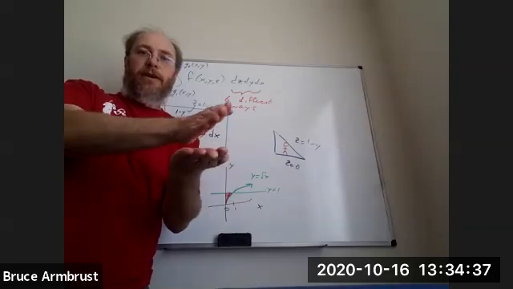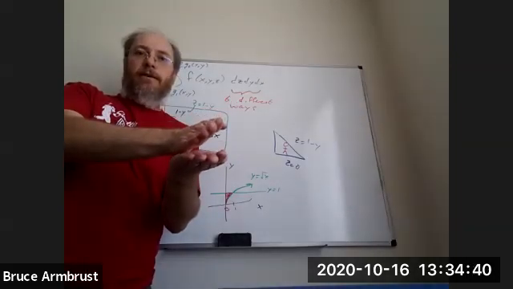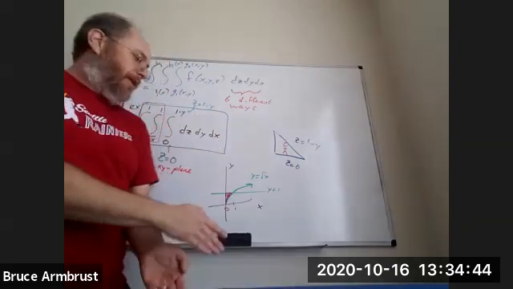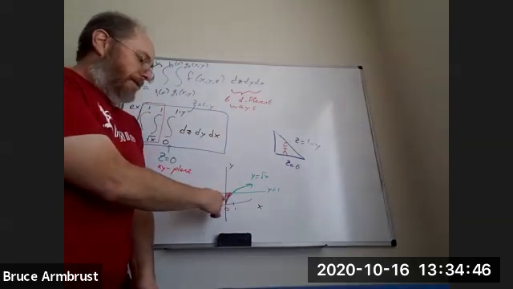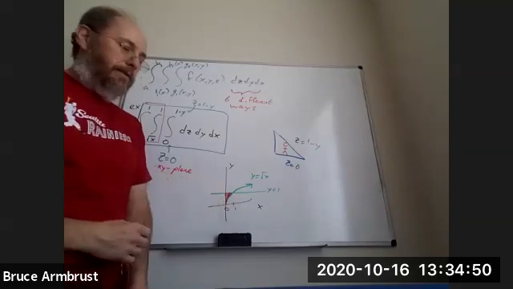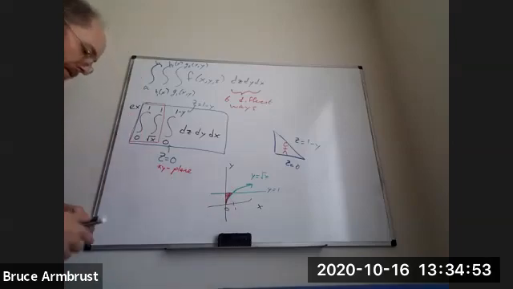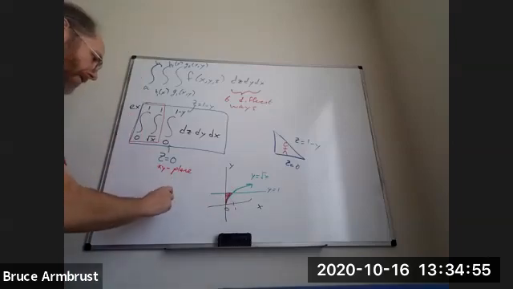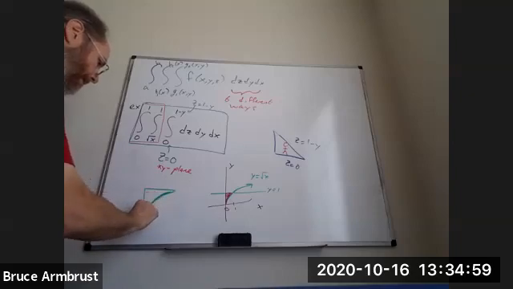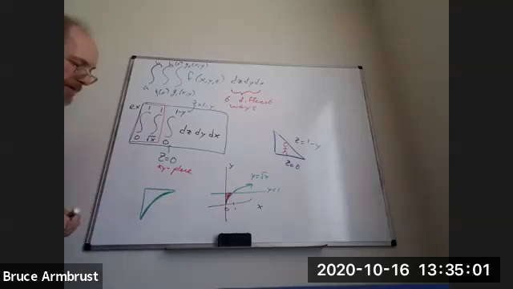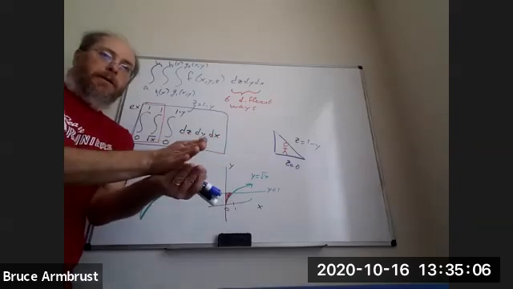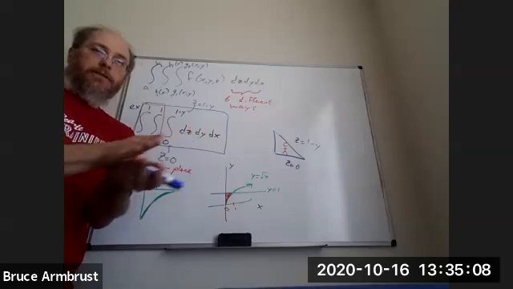Z equals 0, Z equals 1 minus Y. We're taking that wedge and we're cutting it down with this shaped cookie cutter. Right? So that shape is coming down and slicing through that wedge.